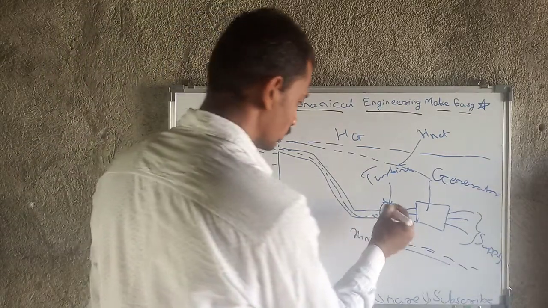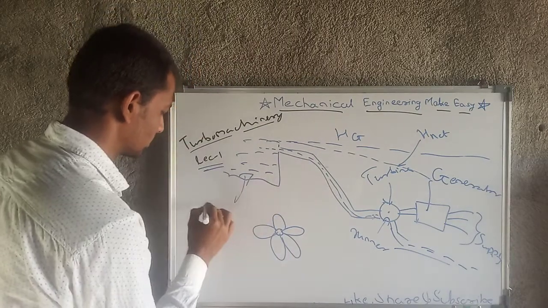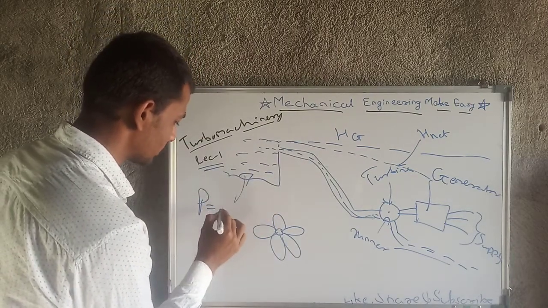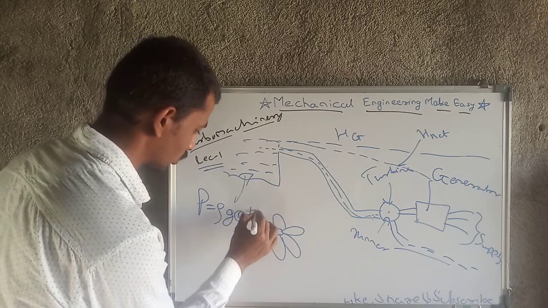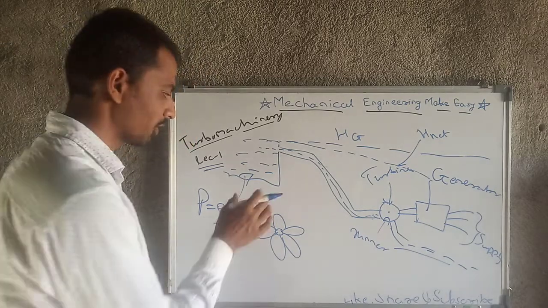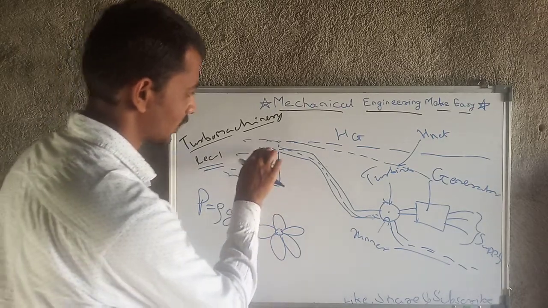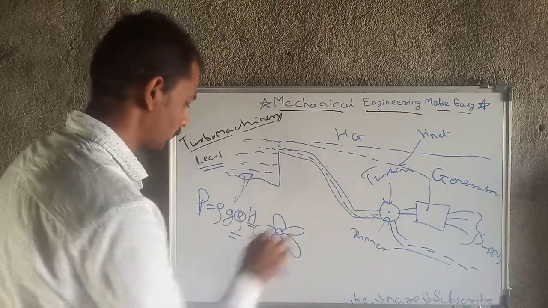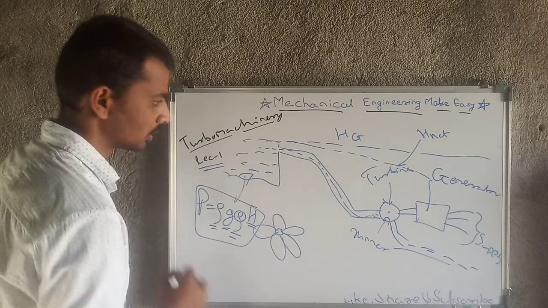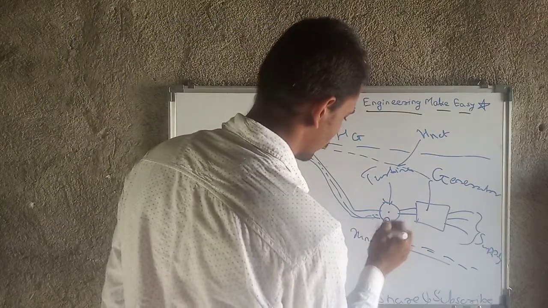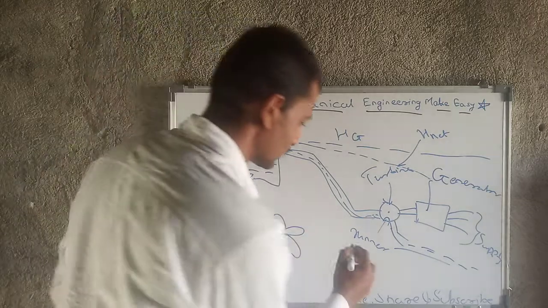So this is the available power, that is rho g Q H, where H is the gross head, Q the discharge from this pipeline, with g and rho. The power we are able to convert into mechanical power is nothing but runner power.